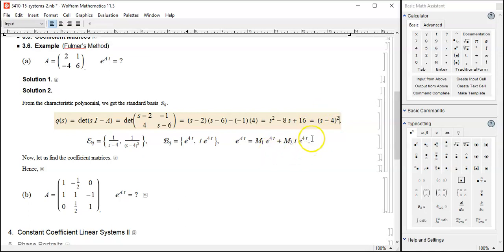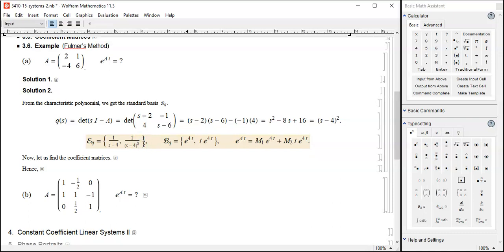So EQ, the standard basis for the proper rational expressions given by something over s minus 4 quantity squared. If I decompose by partial fractions, I'm going to get 1 over s minus 4 and 1 over s minus 4 squared.